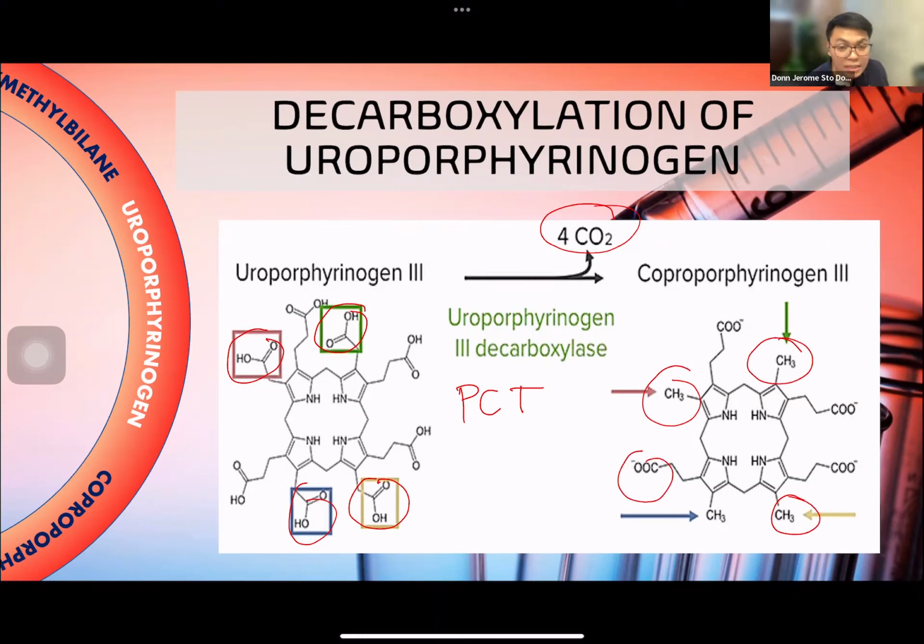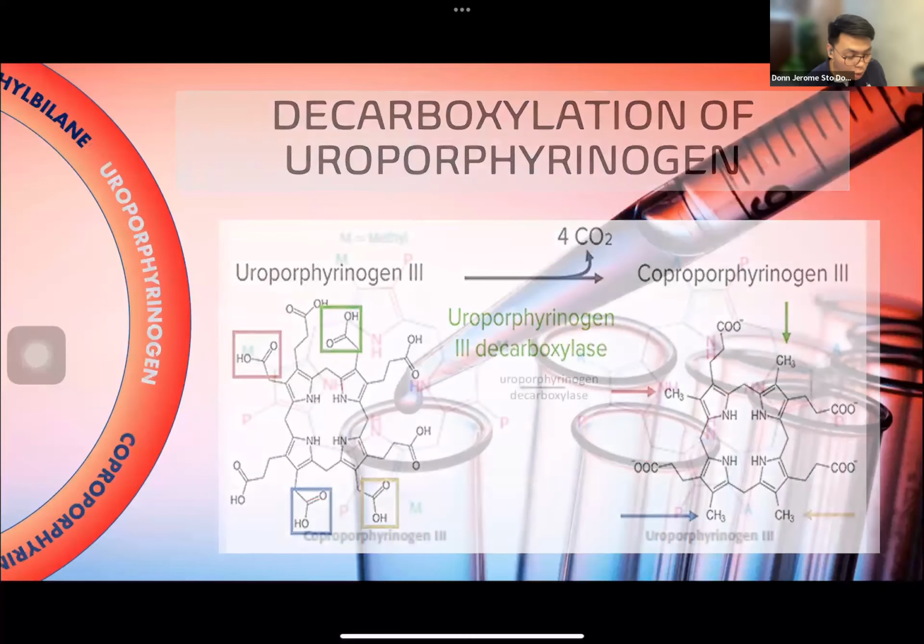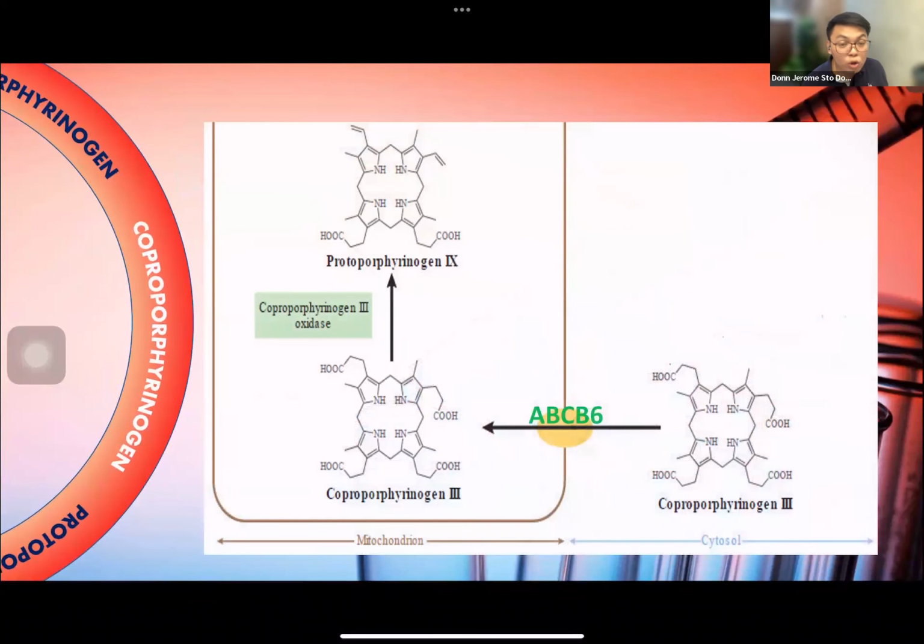This is the last step in the cytoplasm because your coproporphyrinogen would go back inside the mitochondria through your ABCB6 transporter to undergo 2 rounds of oxidation. Initially, via your coproporphyrinogen oxidase to form your protoporphyrinogen 9. Sabi natin, 3 and 9 are the same, no?